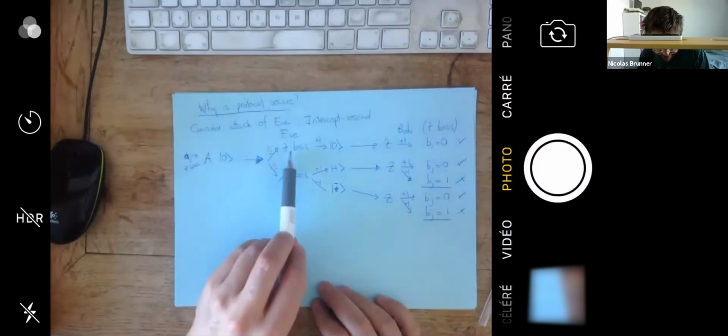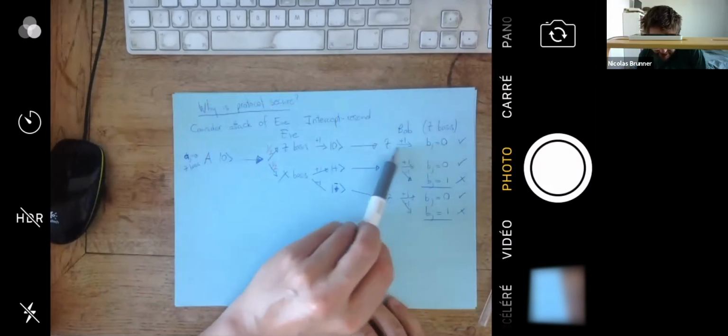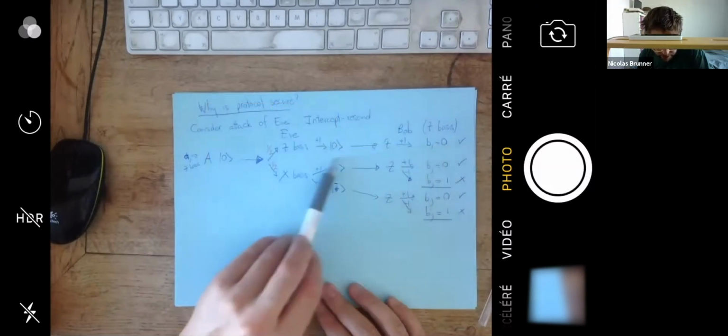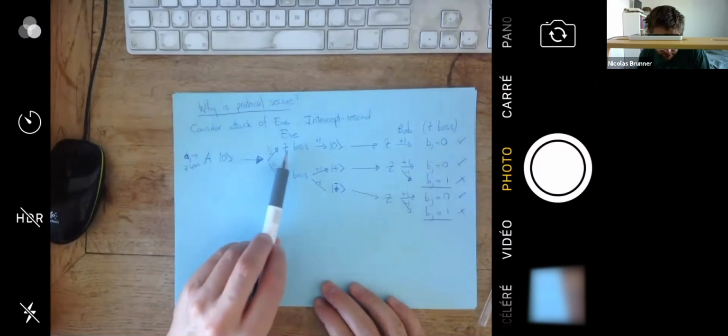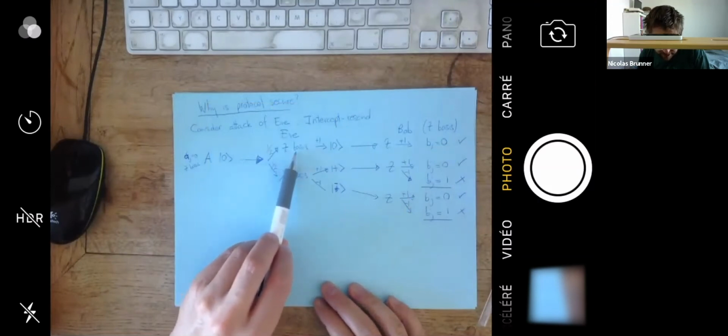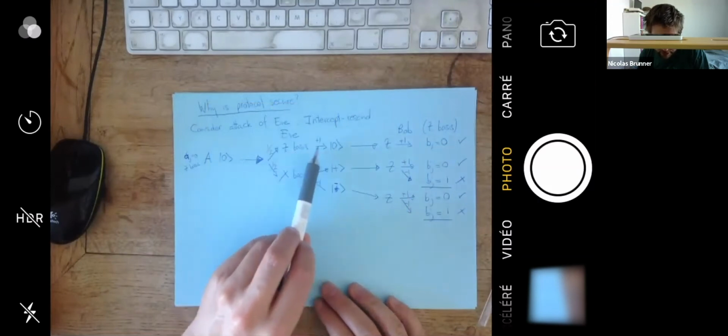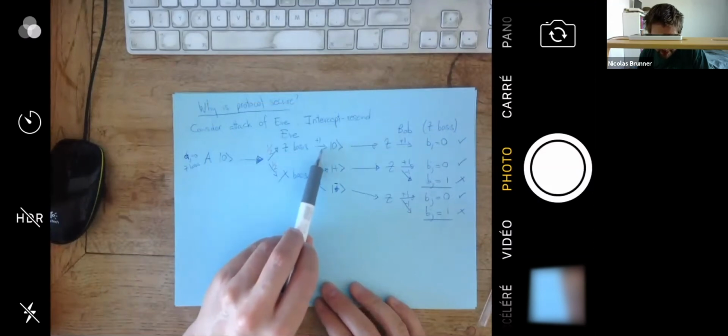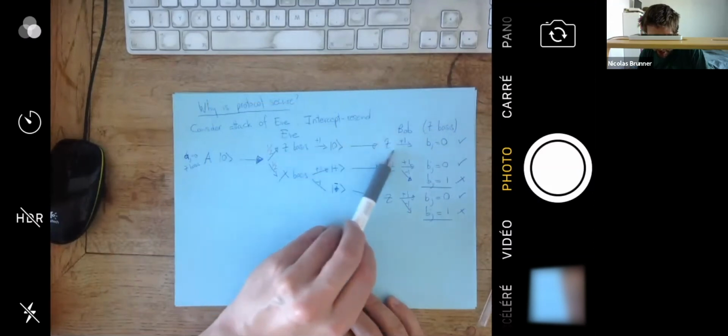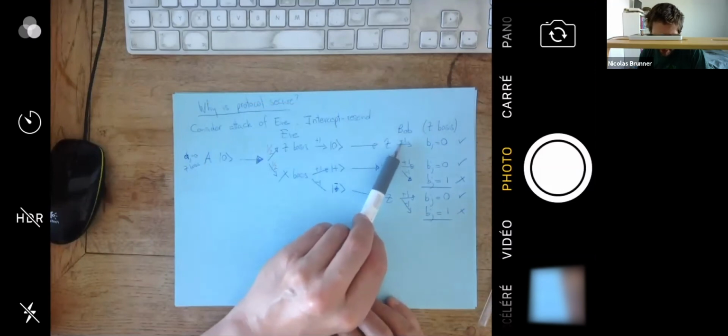Now, if I follow the upper branch here, you see that there is nothing random anymore, right? Because Eve chose the right basis, she measured the outcome +1 with probability 1. Then she forwarded this to Bob, and Bob measures this also in the right basis. So with probability 1, he gets the result +1.